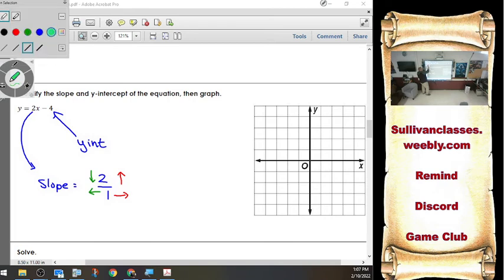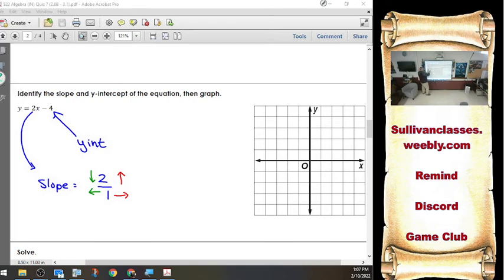So my y-intercept of negative 4 tells me start down here at negative 4. On the test, do we have to write the y-intercept and slope? Or can we just graph it? Oh, okay. And from that point up 2, right 1, and do a bunch of them.